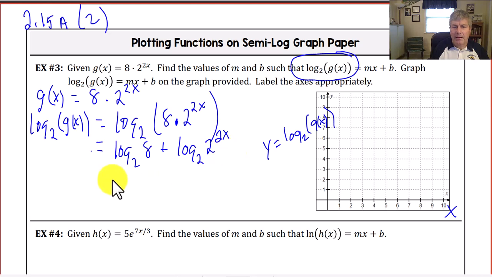So I'm expanding my logarithm on the right-hand side. Log base 2 of 8, we all know that's 3, plus 2x, because I invoke my power rule and bring that 2x, that exponent, down in front.